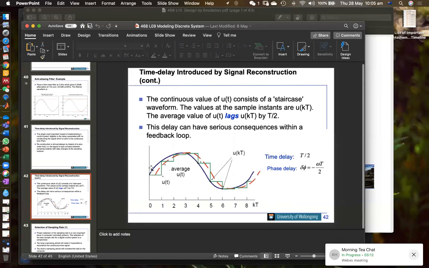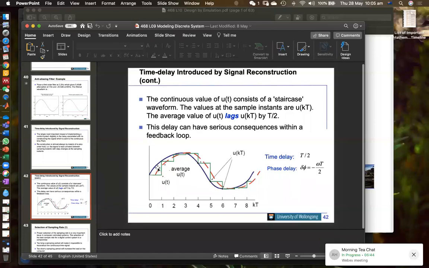So originally we have this solid signal if it's continuous. However, what we get is these dot points, because the controller gives us these discrete instances. So from these discrete instances, we do a zero order hold. We hold the value until we get the next value. This green one is the output of the zero order hold. The solid line is what's supposed to be.